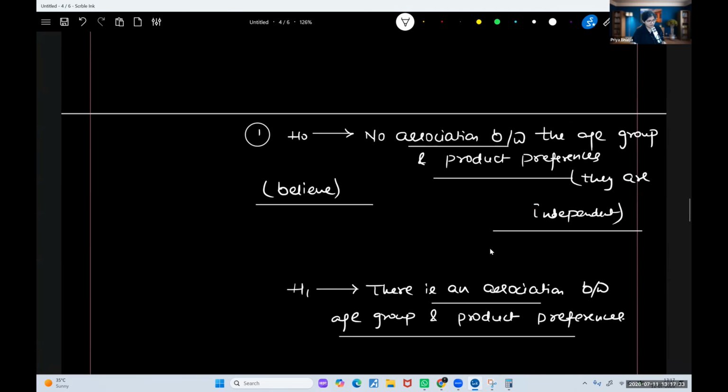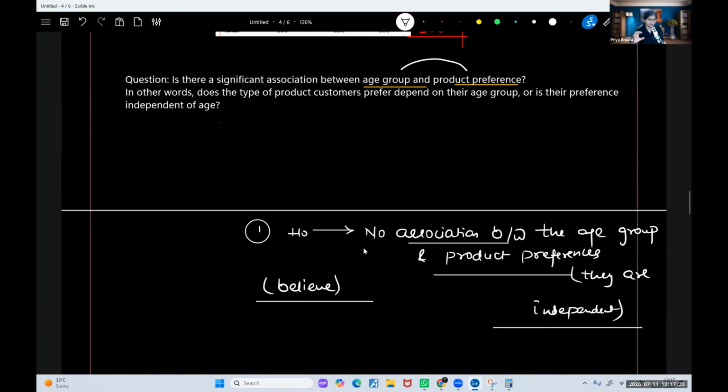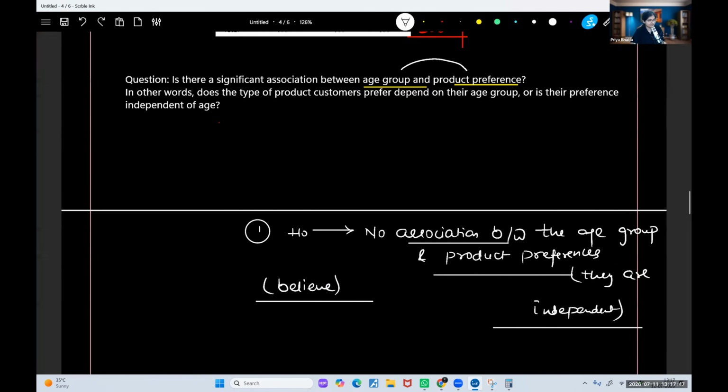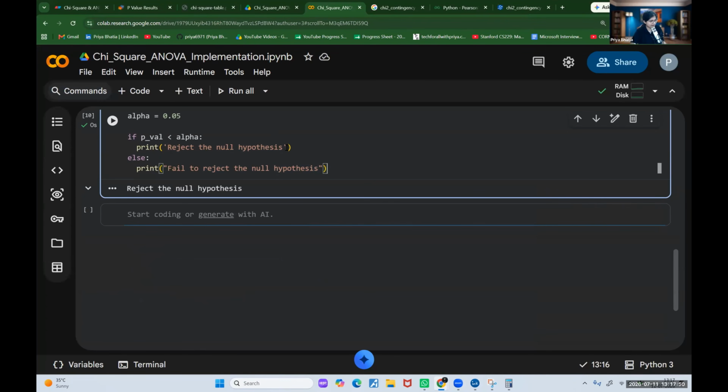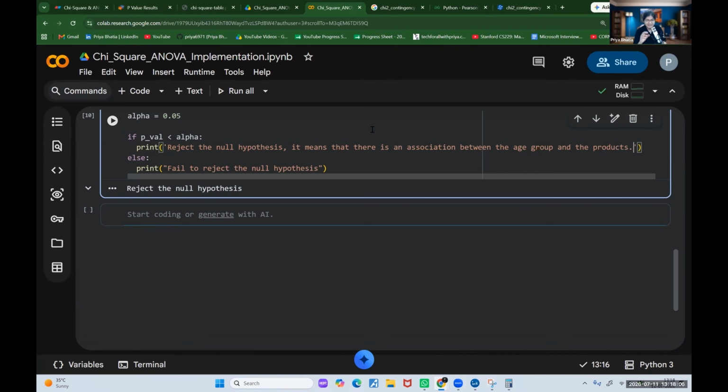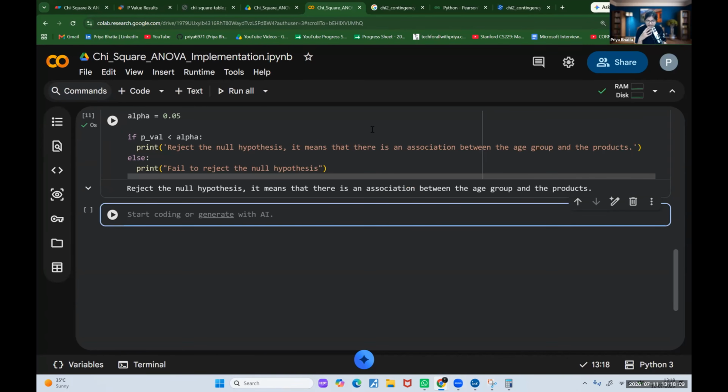What did you say in the null hypothesis? That the variables are independent, there is no association. Now you are rejecting this statement after your experiment. It means that when you are saying that you are rejecting the null hypothesis, there is an association between the age group and the products, right everyone? And this is also correct, because usually people of different ages buy different products.